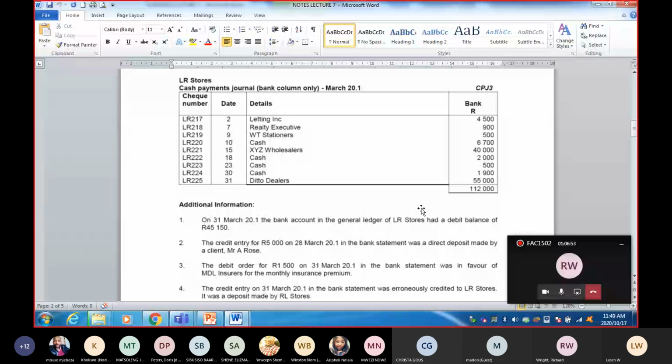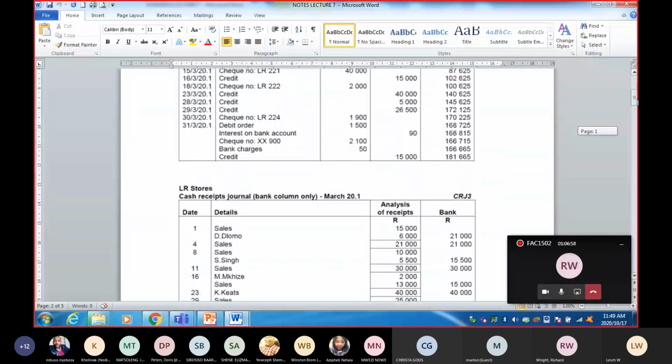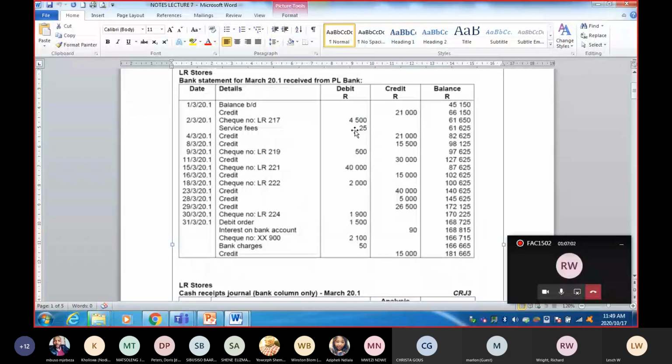The last comparison that we will now do is where we take the debit side of our bank statement and compare that with our cash payments journal. On your bank statement, the first amount of 4,500 is on your bank statement. The 25 rand for service fees is not there, so you will mark that one.